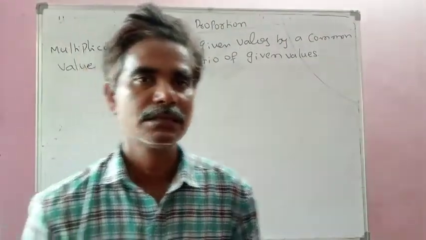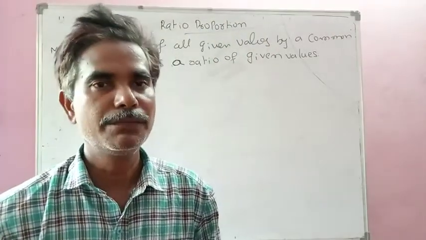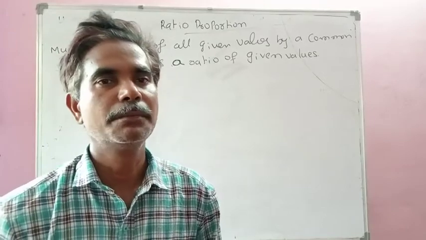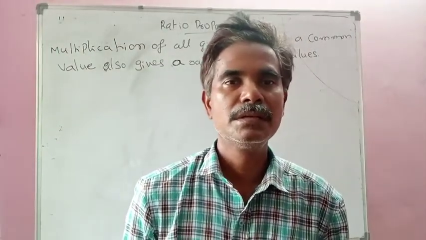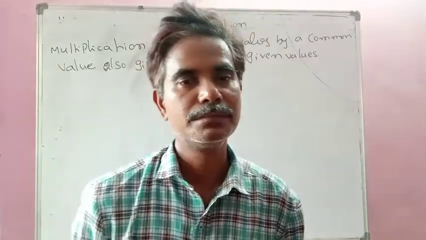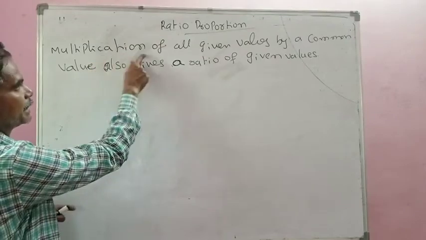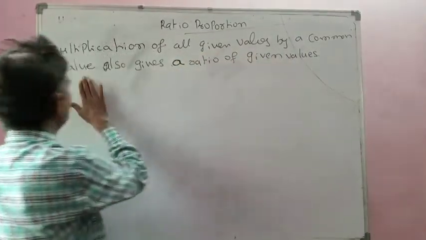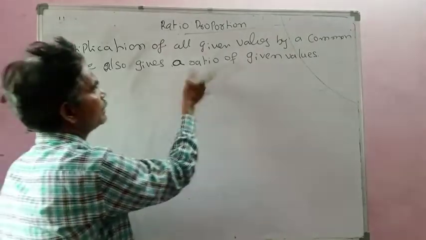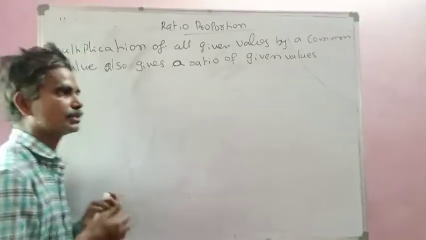In this class, let us see that multiplication of given values by a common value gives a ratio. That means multiplication of all given values by a common value also gives a ratio of given values.